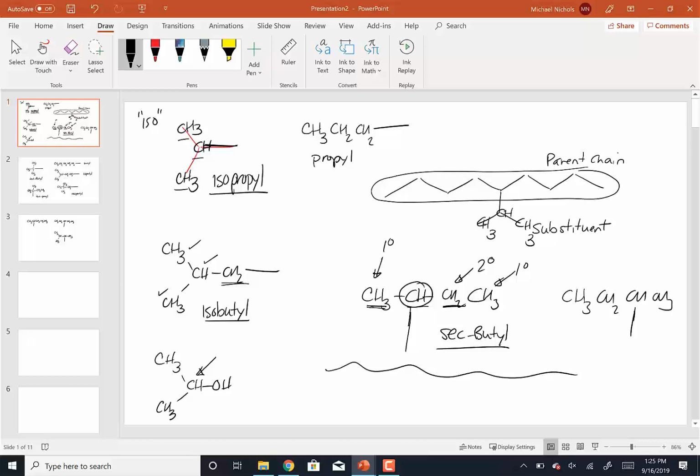So, take that group and flip it around. What's critical is the CH has a methyl and an ethyl. This CH has a methyl and an ethyl. Same group. In general, what we're going to find is if you name two molecules with the same name, they are the same structure. So that's why it's important to go over naming first. Because if we need to know if two molecules are the same, we name them. If they have the same name, same molecule.